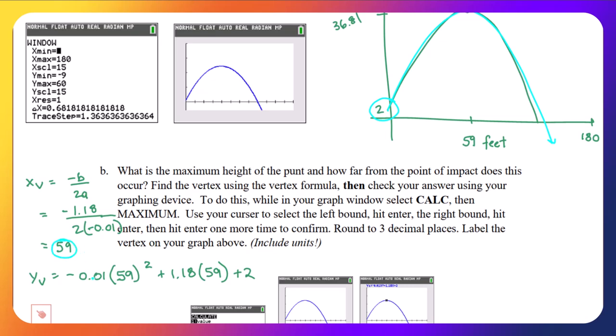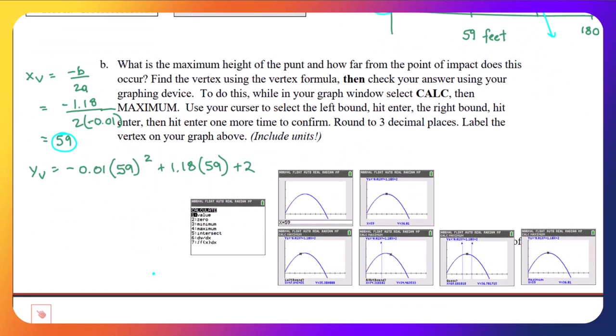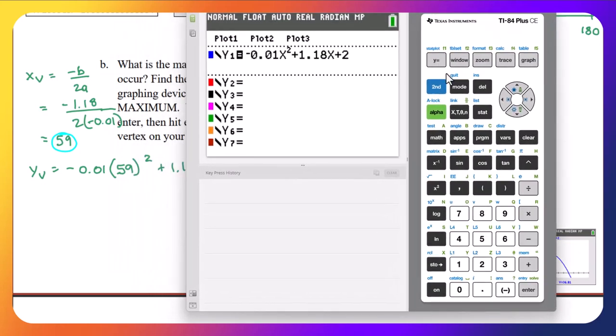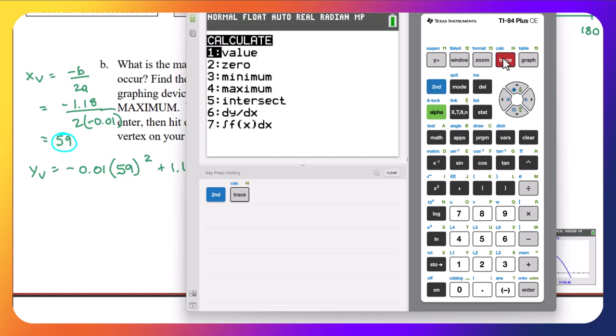So what we can then do is plug in this 59 into our calculator and see what that gives us. So what you can do is go to second and the calc, which is the trace key, and choose 1 for the value.